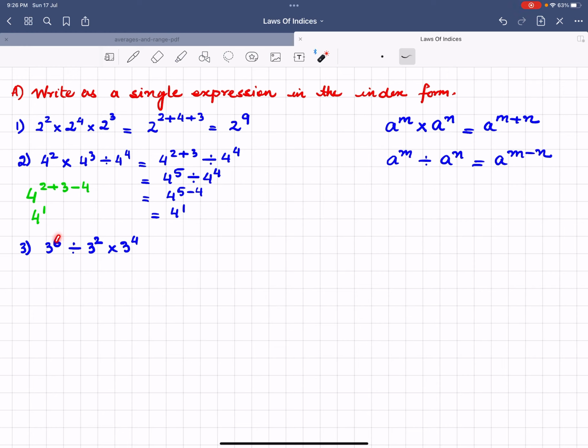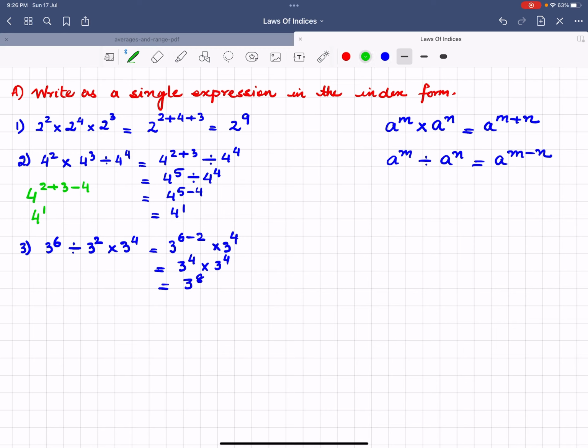Therefore, we will need to subtract 2 from 6. So we have 3 to the power of 6 minus 2 multiplied by 3 to the power of 4. So 6 minus 2 is 4. That will give 3 to the power of 4 multiplied by 3 to the power of 4, which is equal to 3 to the power of 8.